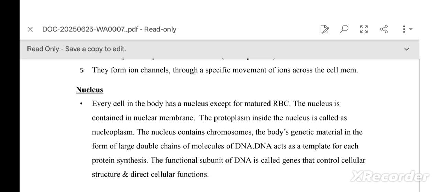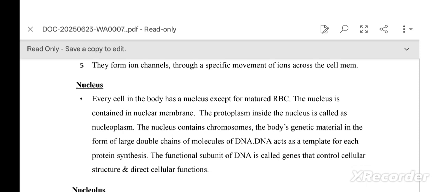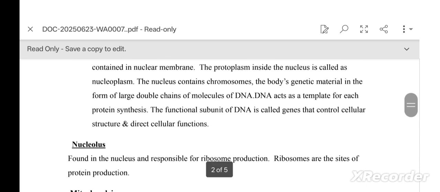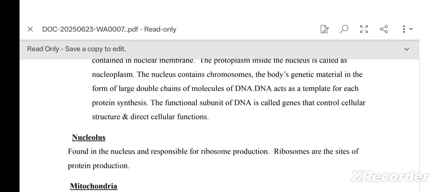The nucleus contains chromosomes, the body's genetic material, in the form of large double chains of DNA molecules. DNA acts as a template for protein synthesis. The functional subunit of DNA is called a gene, which controls cellular structure and directs cellular function.